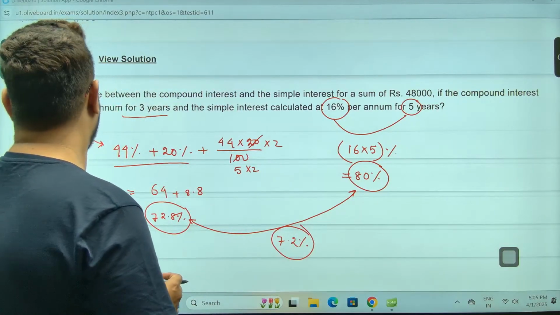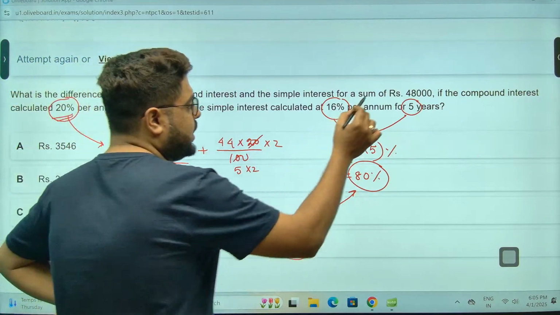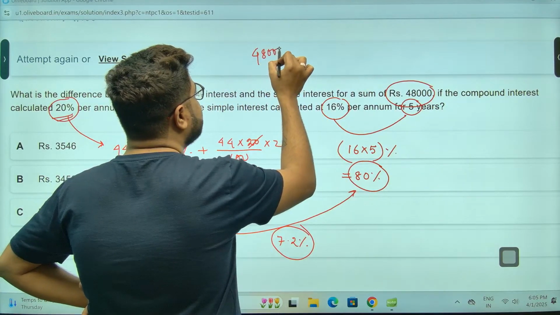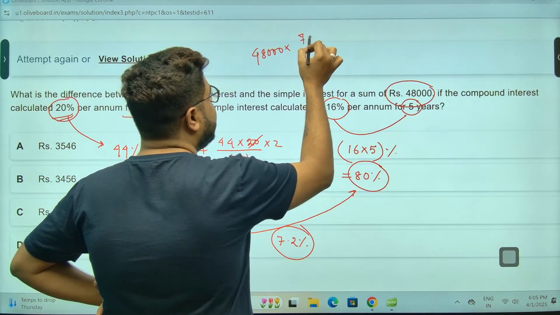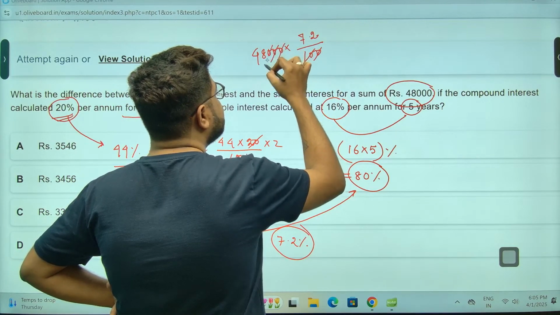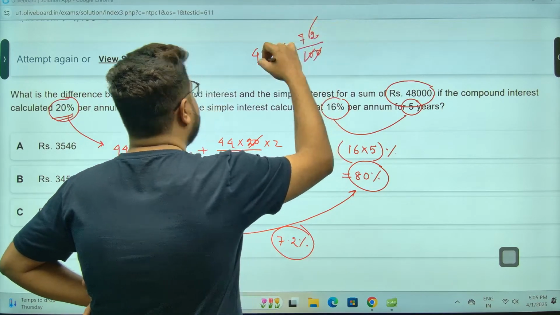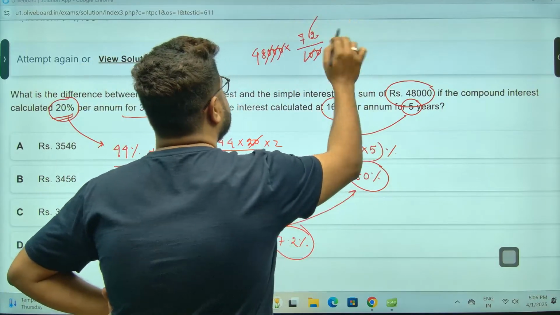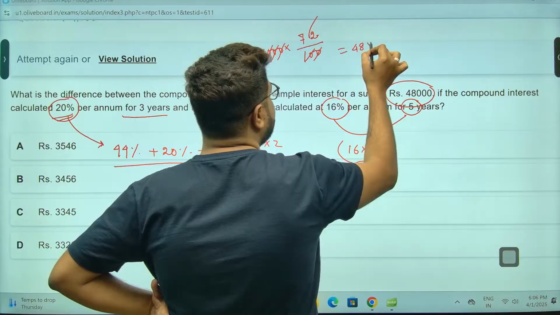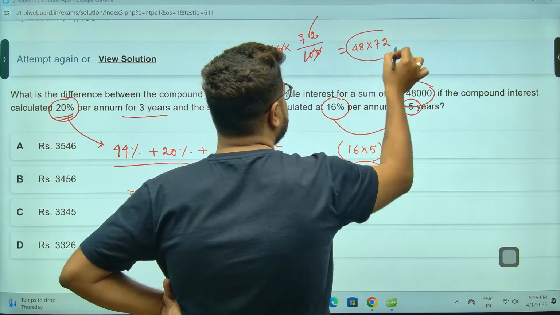Difference is what they are asking. So the answer will be 48,000 into 7.2 by 100. Two zeros cancel, one zero is gone. 8 2s are 16. There are two options. 48 into 72 will be the answer.